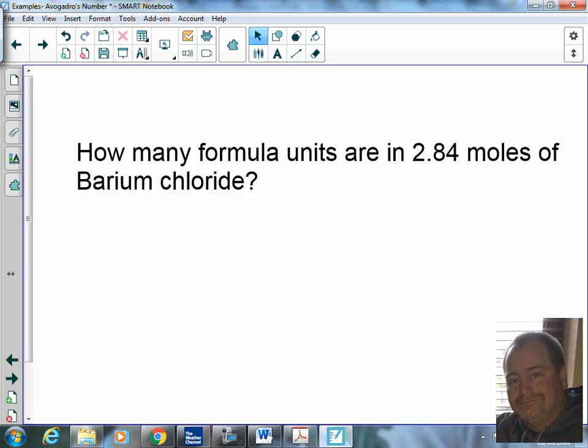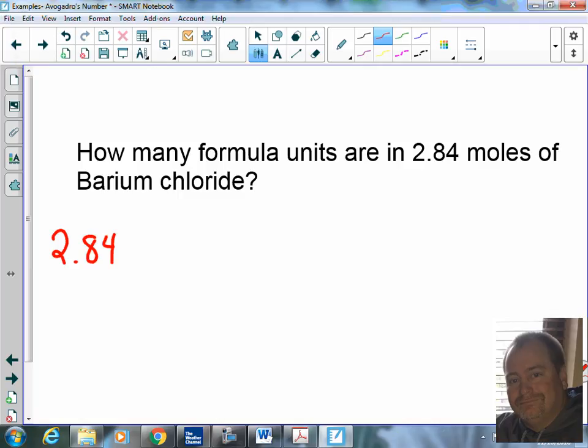So as I come back and do this, I'm going to write 2.84 moles. What is barium chloride? BaCl2. Once again, I like doing that just to test you, to see if you know your formula writing.